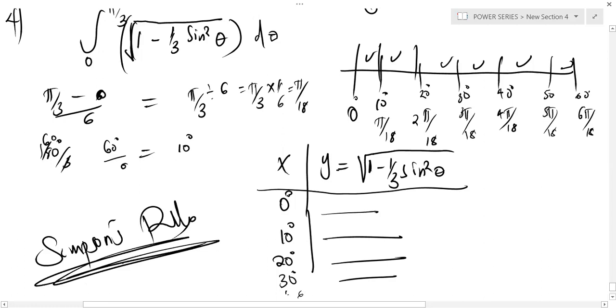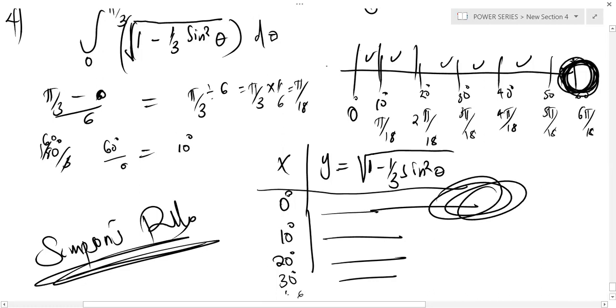Guys, for those people who are identifying, when you're using Simpson's rule or trapezoidal, the first ordinate is this one, this is y1, and the last one is this, this is yn, the last one. So this is y1, this is y2, this is y3, y4, y5, y6, y7.